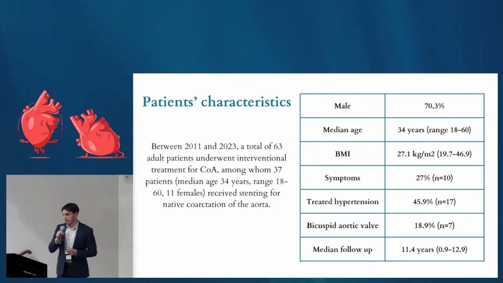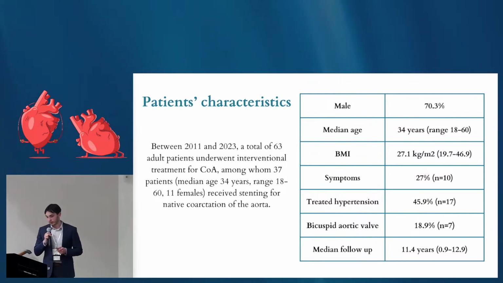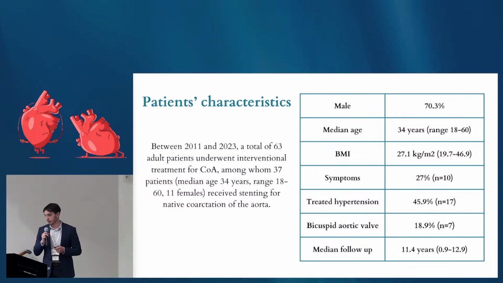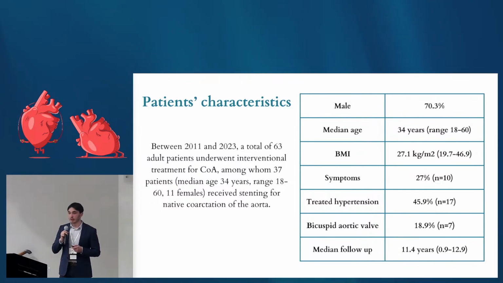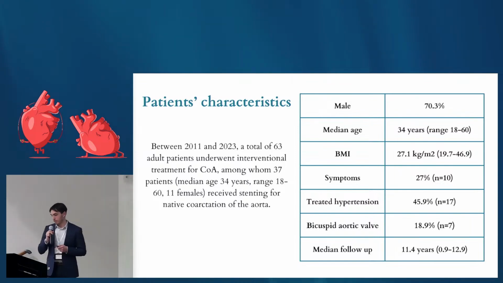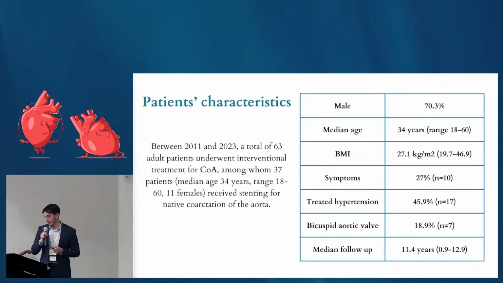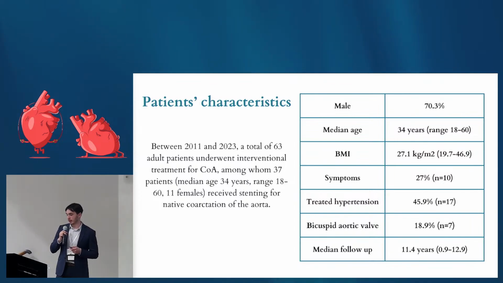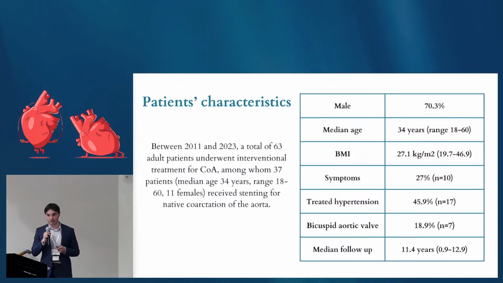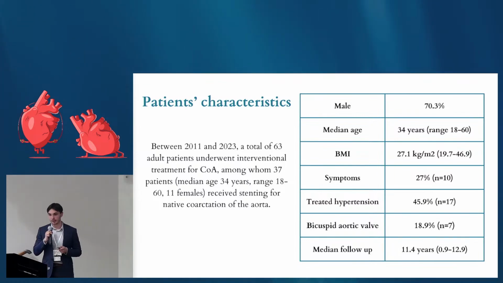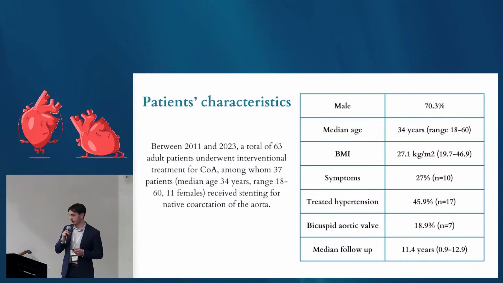We retrospectively analyzed 37 patients who received stenting for native coarctation of the aorta. The median age was 34 years, and they were mostly male patients. Almost 50% of them had treated hypertension. Almost 20% had a coexisting bicuspid aortic valve, and median follow-up totaled 11.4 years, and it does not differ between the groups.